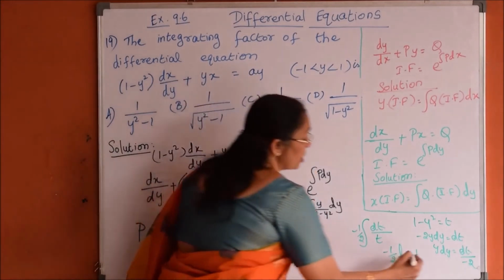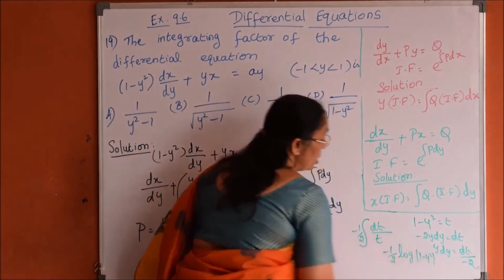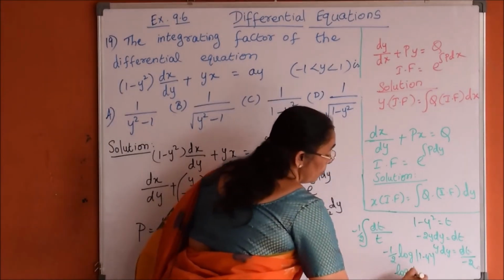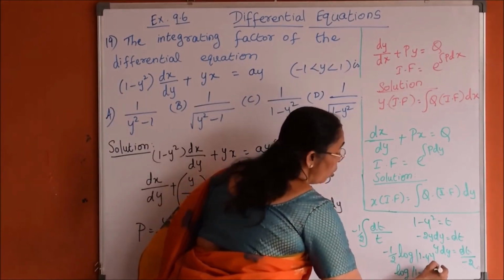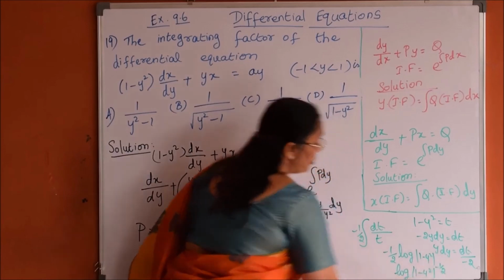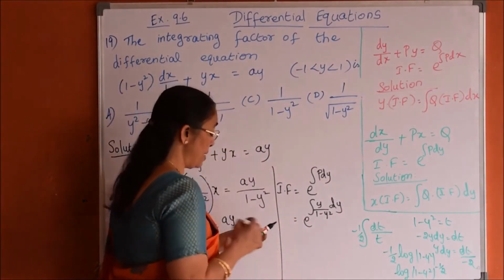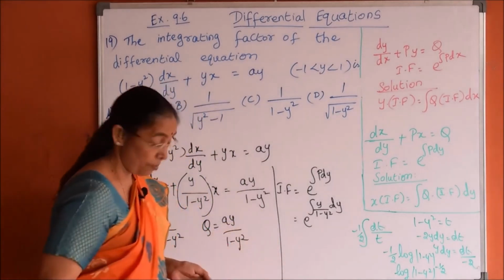The t value is 1 minus y square, or we can write log of 1 minus y square whole power minus half. It will come as 1 by 1 plus y, 1 minus y square. Okay, let me replace first, then we do simplification here.